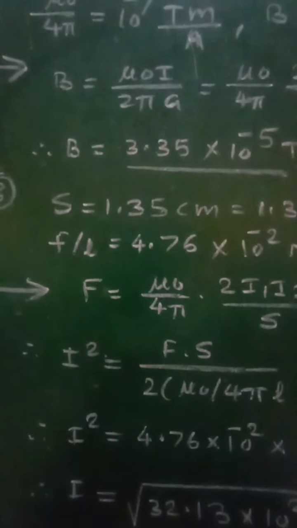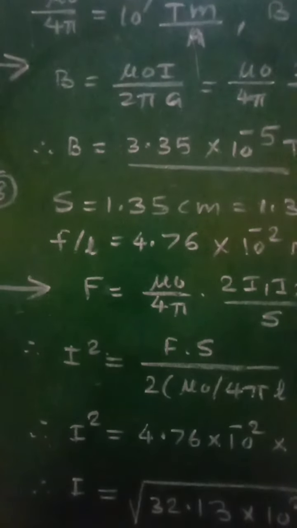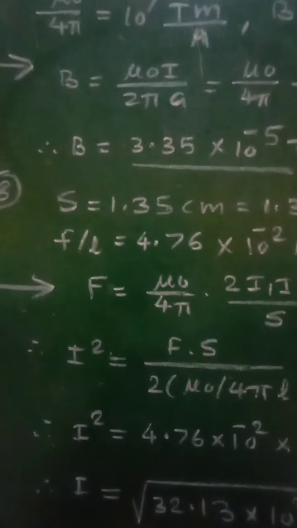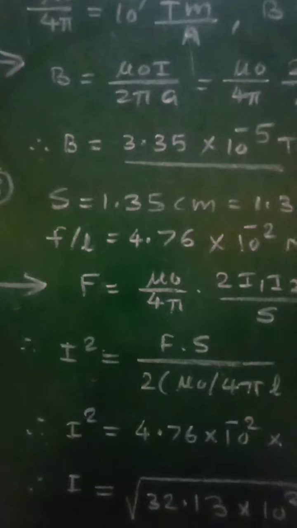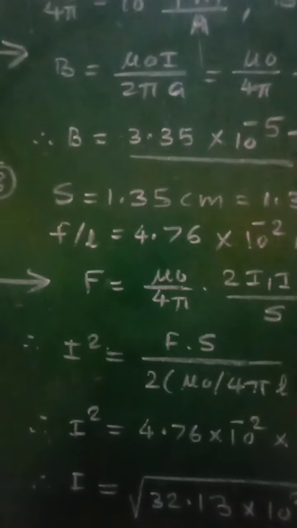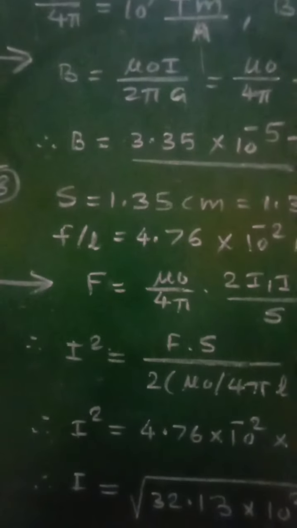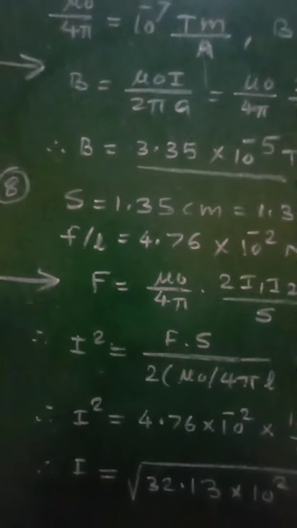If the force per unit length on each of the wires is 4.76 into 10 raised to minus 2 Newton, then what must be the value of current I? That current I we will have to find.